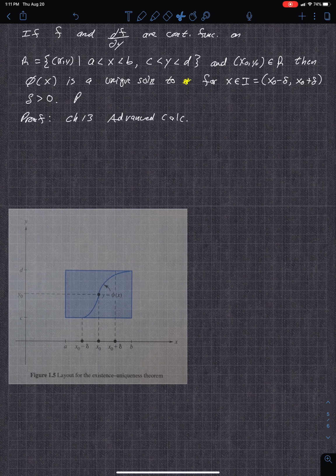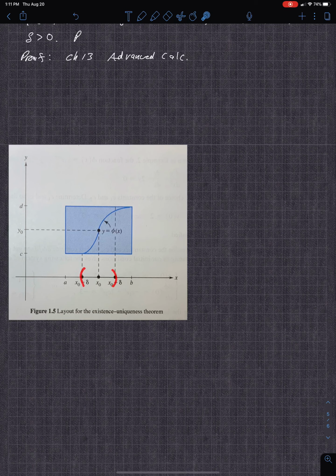So you can see here's your x value, here's your y₀ value, and then here's your open interval. Here's a rectangular region that's defined like that. That's your R, so R is all the blue. And then here's your open region for your delta. And so φ is basically a solution anywhere in here. So that's your φ(x).